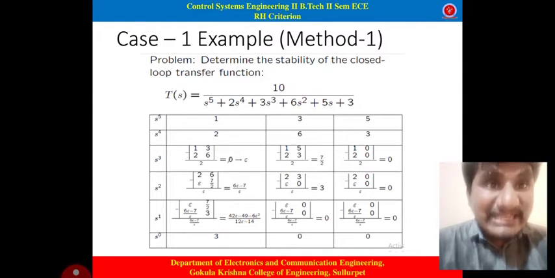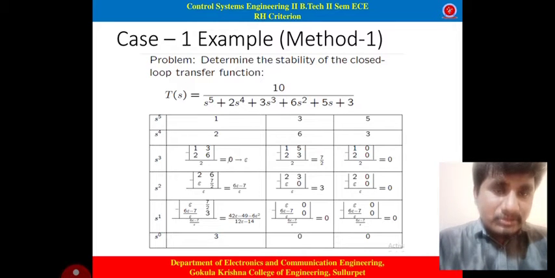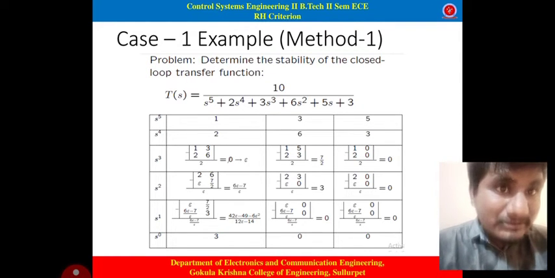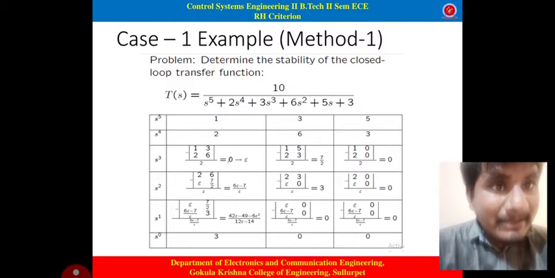Then how do you fill the s power 3 row? We will try to understand how to calculate the terms written in the s power 3 row, and then we will go back to the regular discussion. Here you calculate with 1, 3, 2, 6: calculate the determinant of that and divide it by minus 2, which is the first term of the s power 4 row.